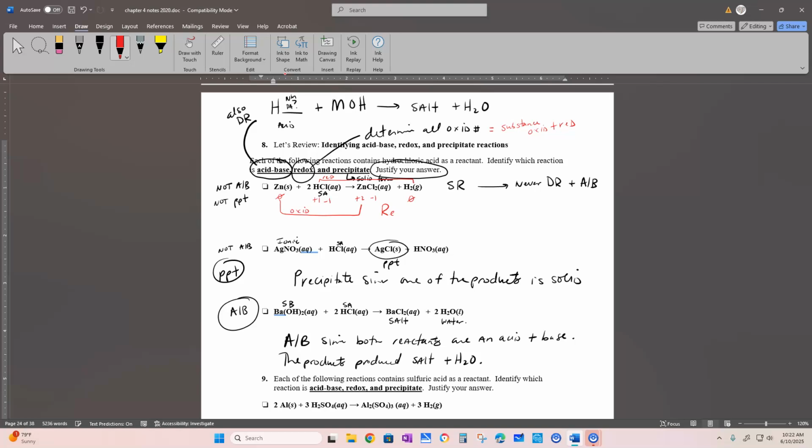So this is a redox reaction since zinc lost electrons and was oxidized.